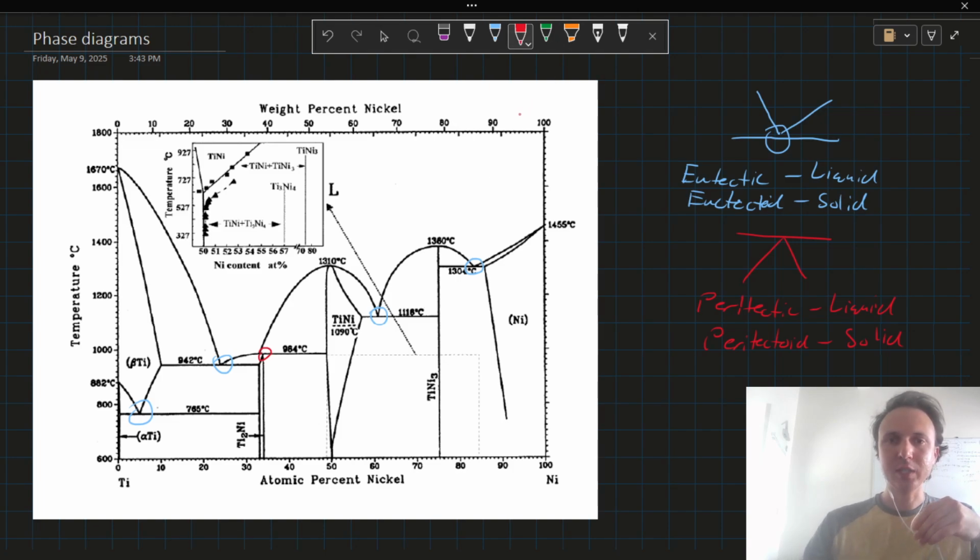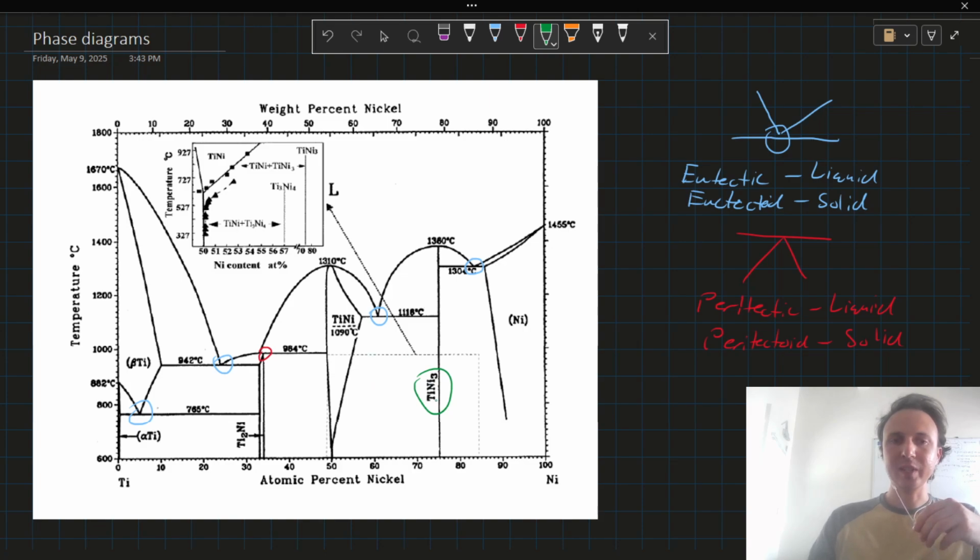Okay, what's next? The other thing I wanted to point out, which I don't think was necessarily super clear on the homework, is what it means to have different compounds and to have solubility in those compounds. For example, right here on this phase diagram, we have this compound TiNi3, and it's a straight line, right? In between each compound, we have an interphase region.